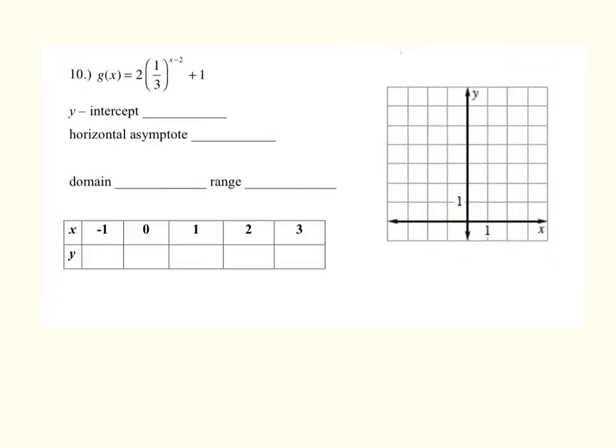Okay, so for number 10, again, it gives you the values. So we just have to plug them in. So for your y-intercept, again, you're just going to have to say, okay, what is y when we plug in 0 for x? And your horizontal asymptote, that's what's being added or subtracted.